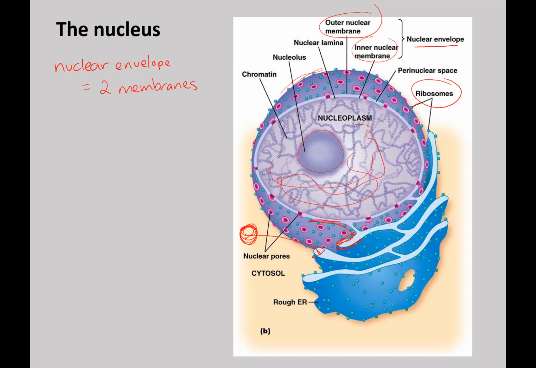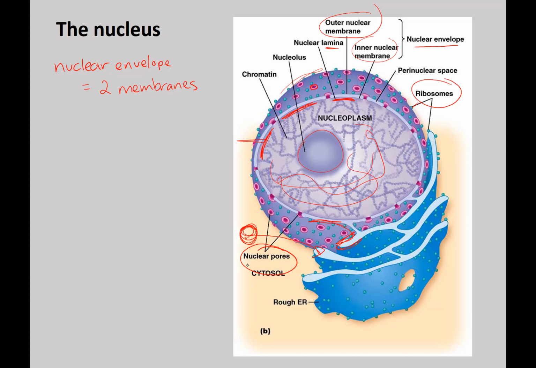I'll show you a picture in a little bit, but the nuclear lamina is right along the inside of the inner membrane, right? So this is giving the structure to the nucleus. And then we've got lots of these pink little things, which are your nuclear pores, and we're going to talk a lot about those.